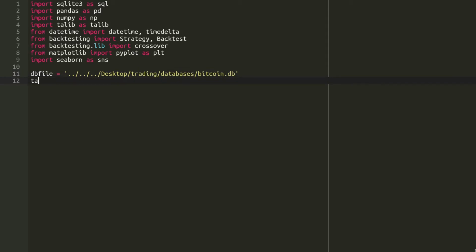I already have the data in a SQLite database, so I use that. How to get and put the data into SQLite database is another subject for another video. If you want it, I can probably do it.